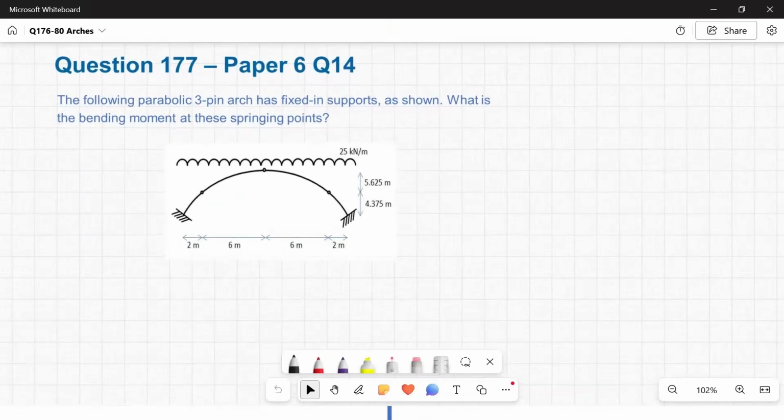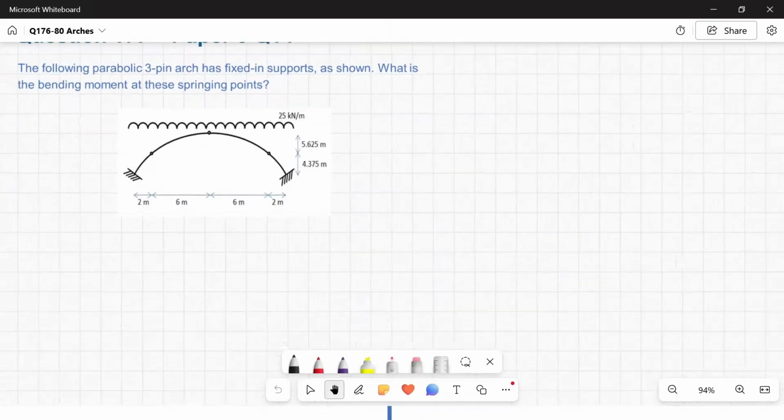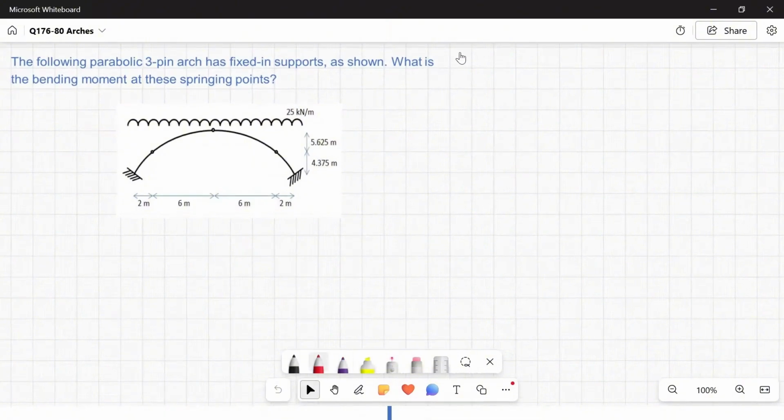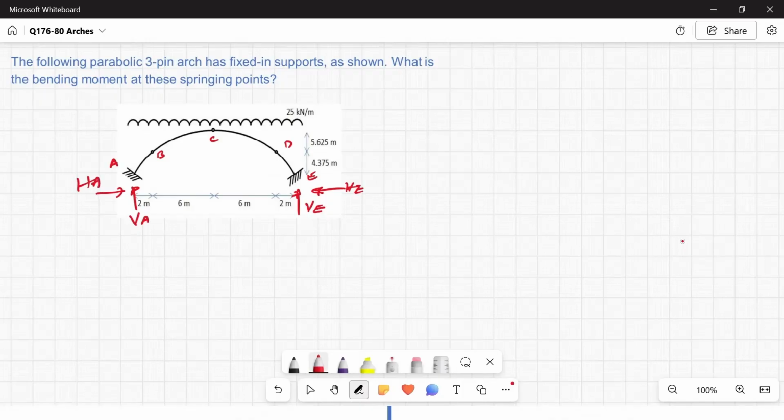First thing I would like to do is write down the reactions. So reactions, let me call these points A, B, C, D, and E. And I want to have reactions over here, VE and HE, and here it will be VA and HA.